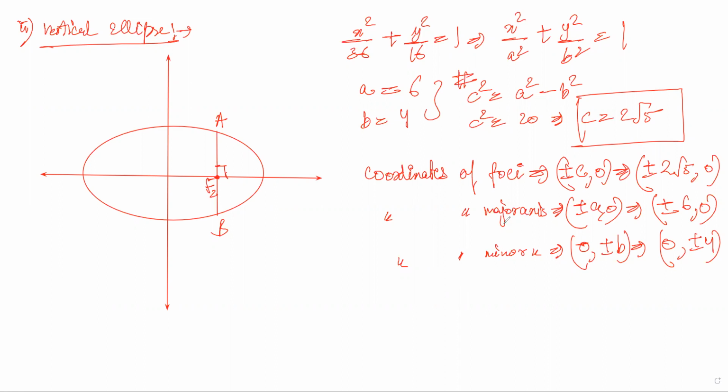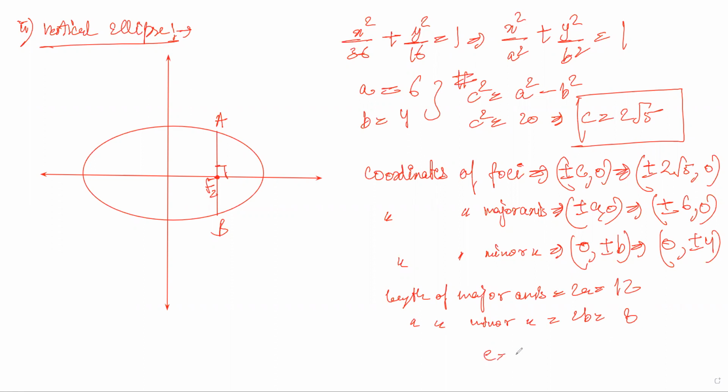Then length of major axis. So we know what is the value of a. So length of major axis would be equal to 2a, which means 12. Length of minor axis would be 2b, which is 8 in this case.